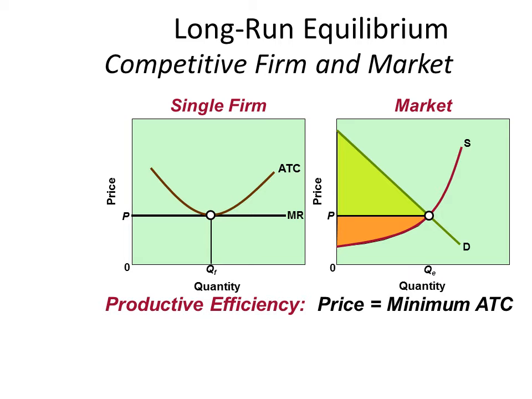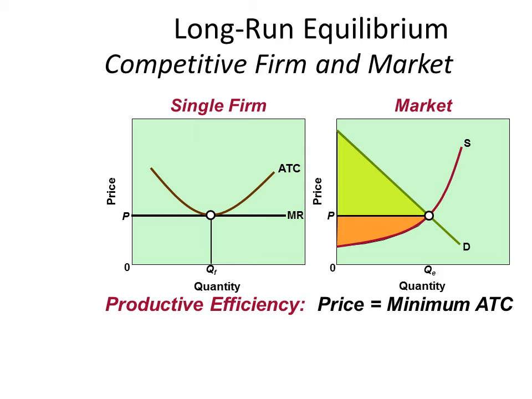So in the long run, because of dynamic adjustment, which we just witnessed on the previous slide, price equals minimum average total cost. In other words, firms are making enough revenue to cover their explicit costs, the obvious costs, and the implicit costs, the cost to acquire and keep the owner's resources, but there are no economic profits to be had.